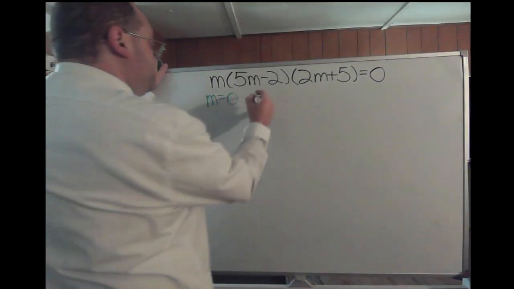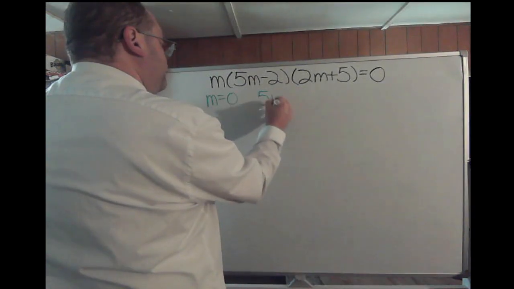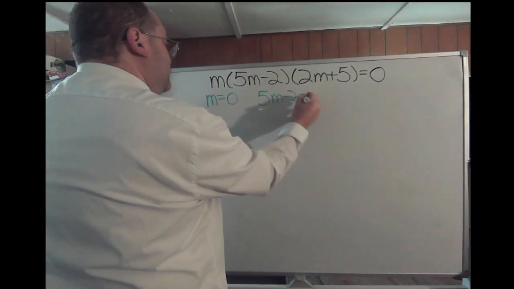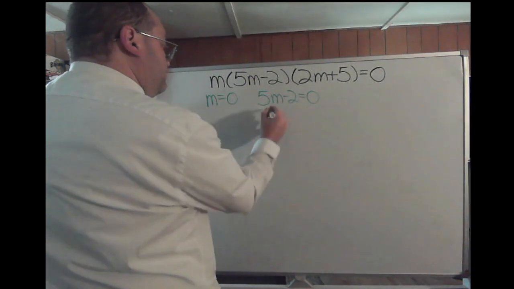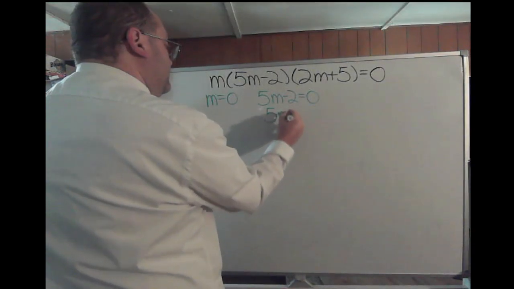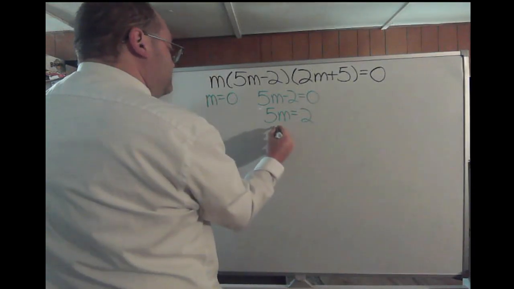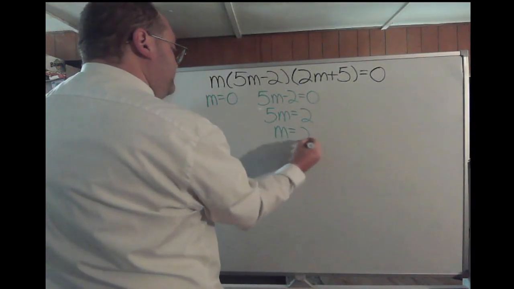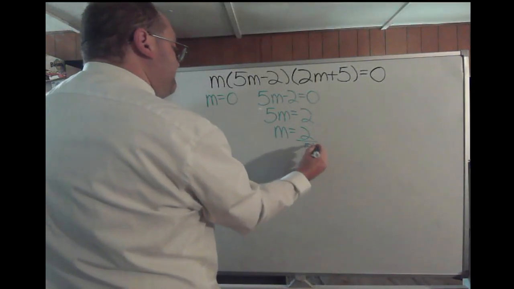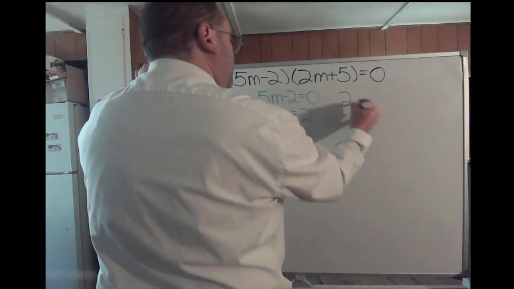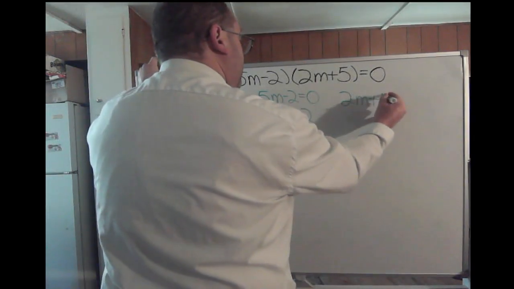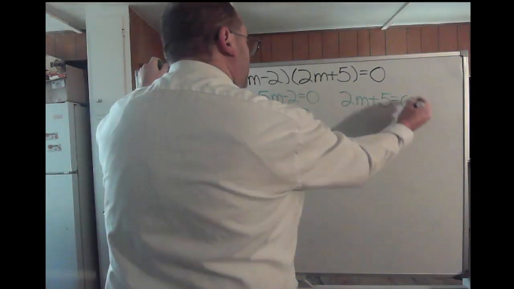That's one solution. Next, take your 5m minus 2, set that equal to 0. Well, 5m equals 2, so m would equal 2/5. And then take your 2m plus 5, set that equal to 0.